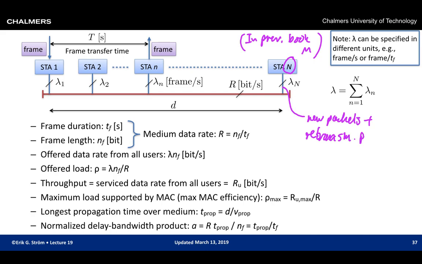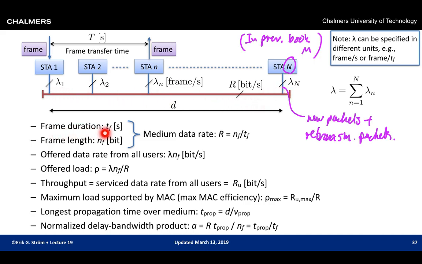Whatever goes down here is not always new packets; it could also be retransmission packets and so forth. But anyways, all of these packets need to be shared over this channel.